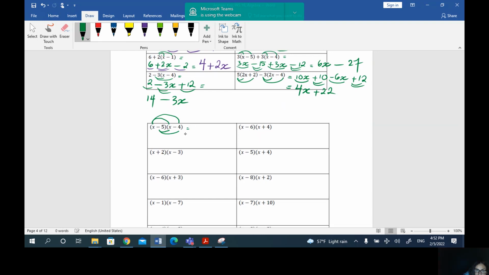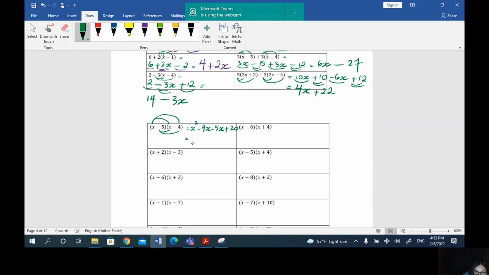Let's do the following. X times x, x squared. X times negative 4, negative 4x. So we finish the first term in the first bracket. The second term, which is negative 5 in the first bracket, negative 5 times x, negative 5x. Negative 5 times negative 4 is plus 20.